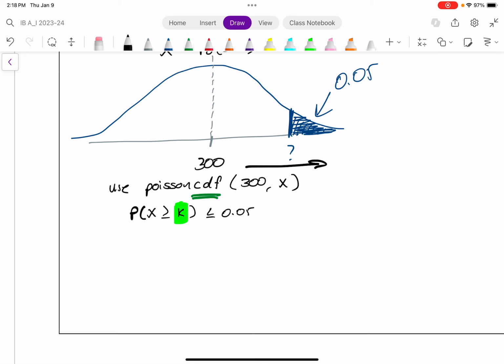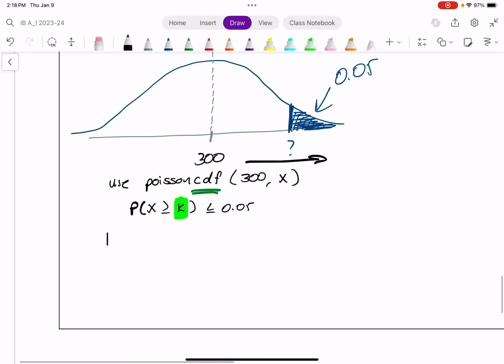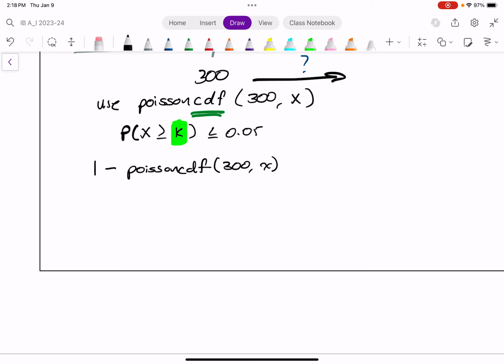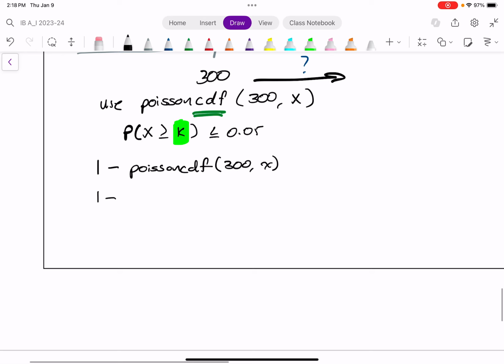And so if I do something like this, if you look at your table, I want to graph actually 1 minus the Poisson cumulative distribution function for 300 comma x. Look at your table and you'll see values like this. For example, when x is 328, which means 1 minus the probability of x being less than or equal to 328, you'll see is approximately 0.0516.